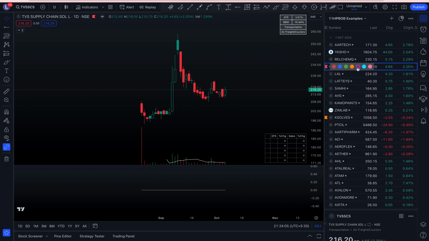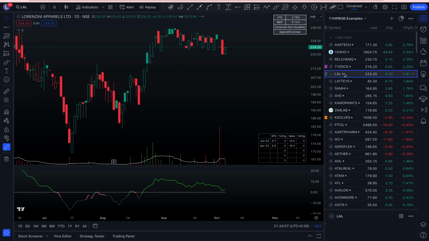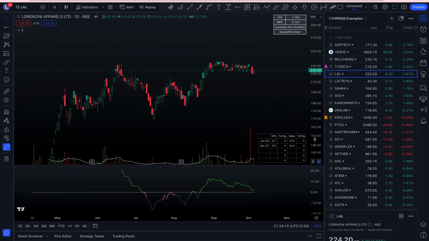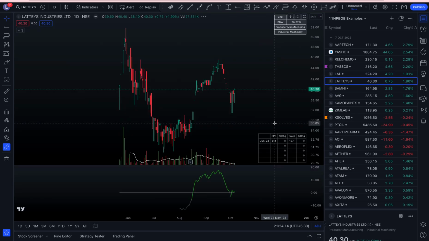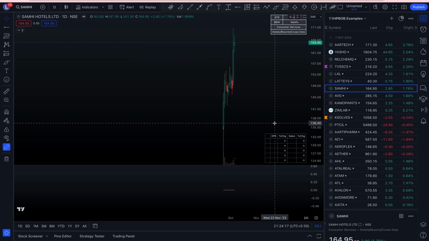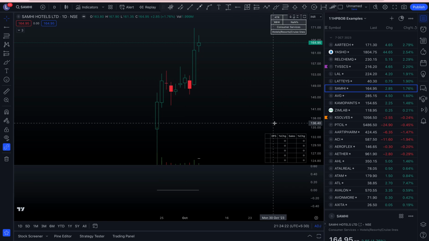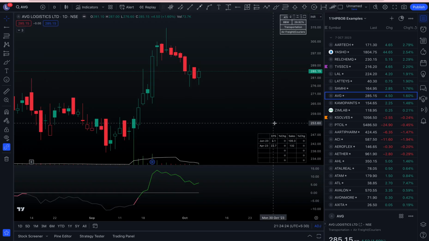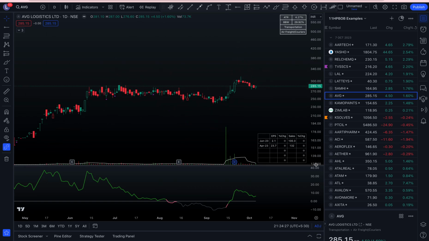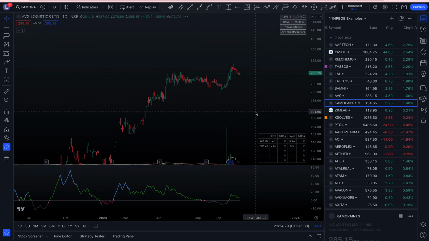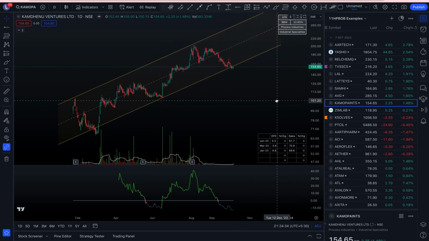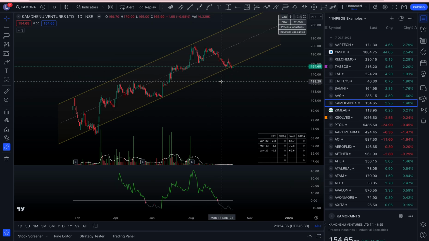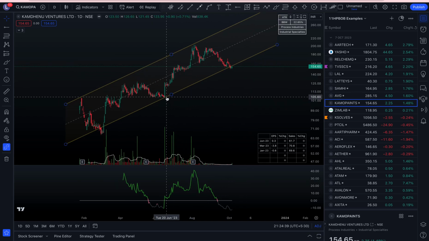Although this is not an IPO base, this is also a very nice setup right now.